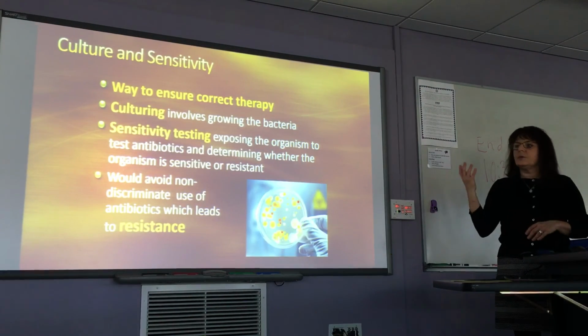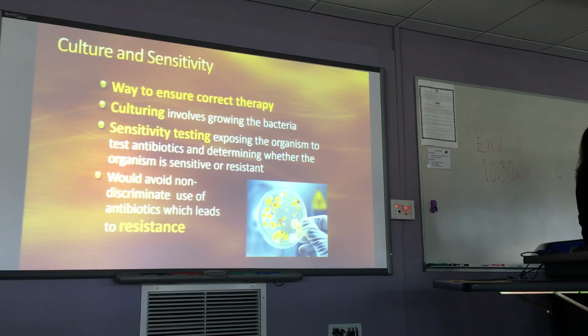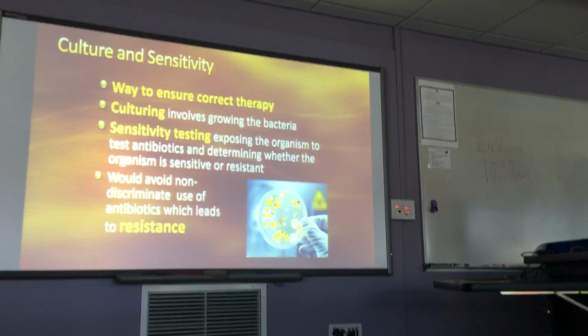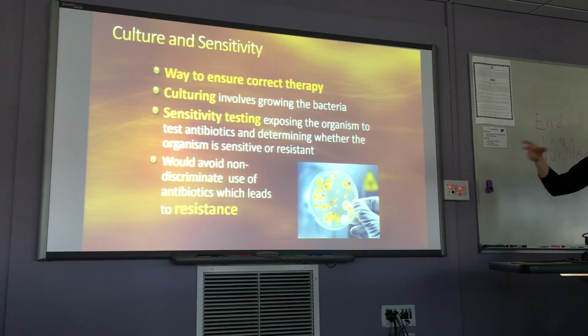So one of the ways that we attack this, which I've alluded to already, is a way to ensure correct therapy: culturing and sensitivity of the organisms themselves. And again, your book doesn't go into as much detail as it used to, but I know you guys are familiar with it, and we do this in dentistry, so I wanted you to know about it. Sensitivity testing would be exposing the organism to test which antibiotic is going to be more effective against it.